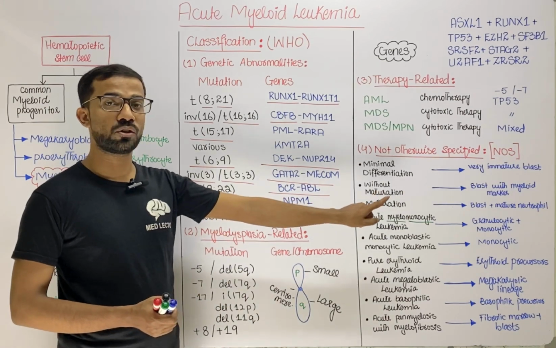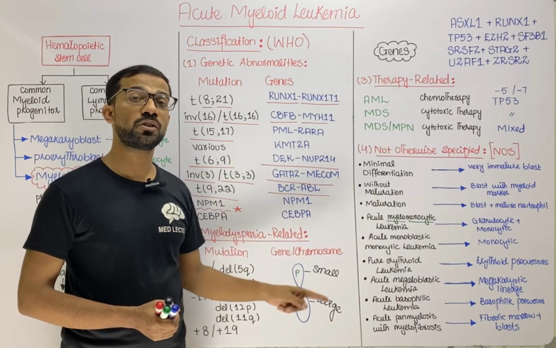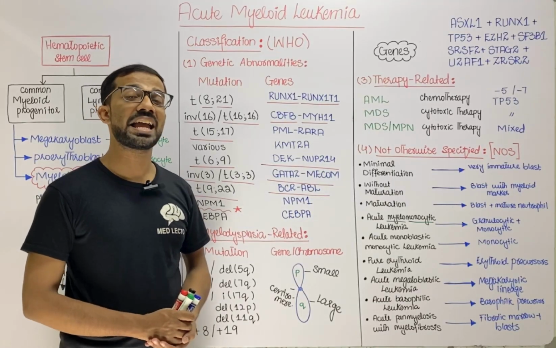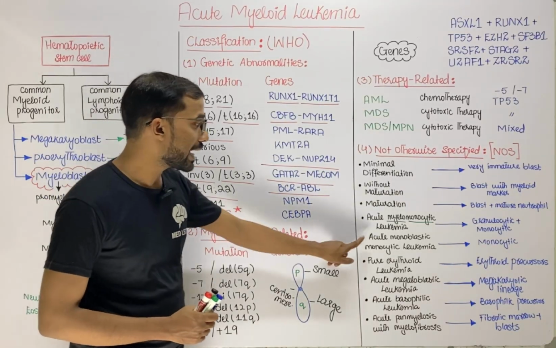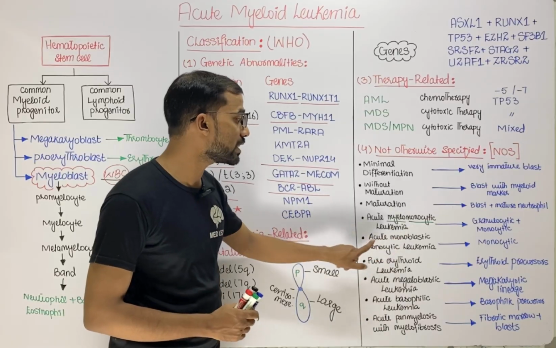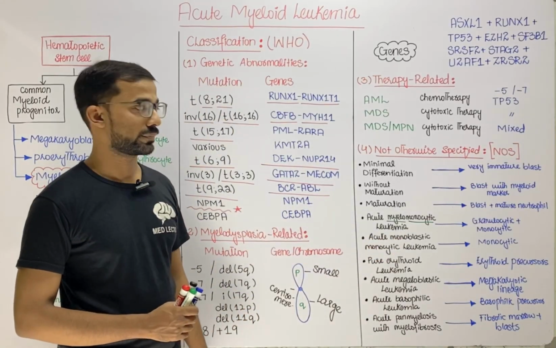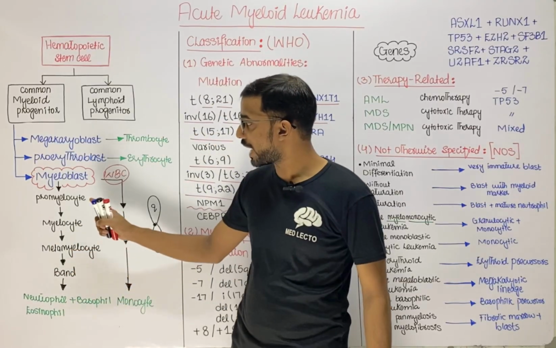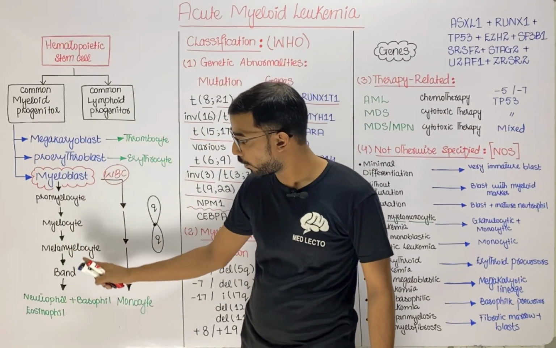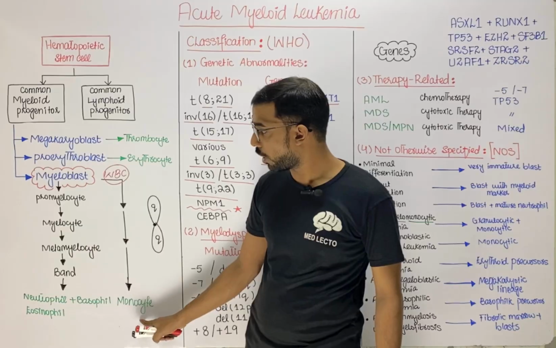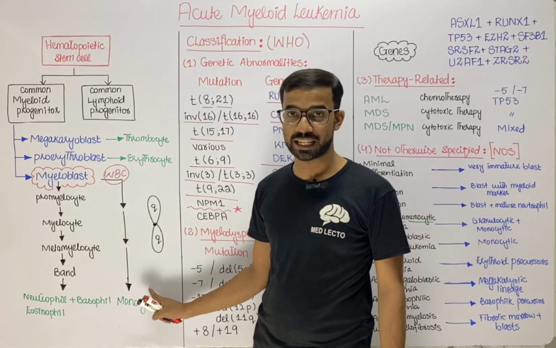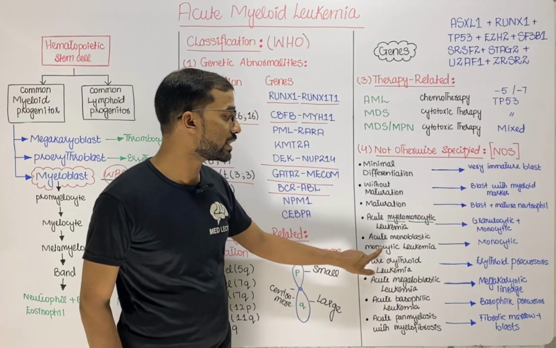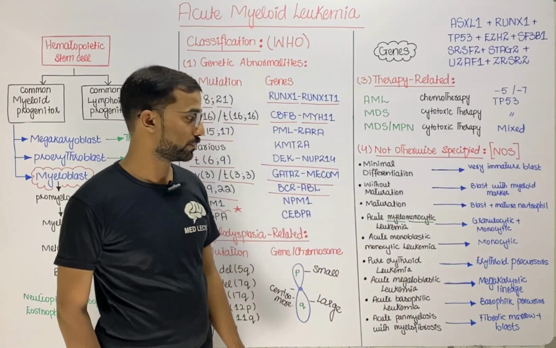Both types, granulocytes and monocytes, because among granulocytes you will see the neutrophil, eosinophil and basophil, and monocytes are agranulocytes. Next, acute monoblastic and monocytic leukemia, which is related to the monocytes, because as we have seen, the myeloblast forms monocytes along with the different lineages.